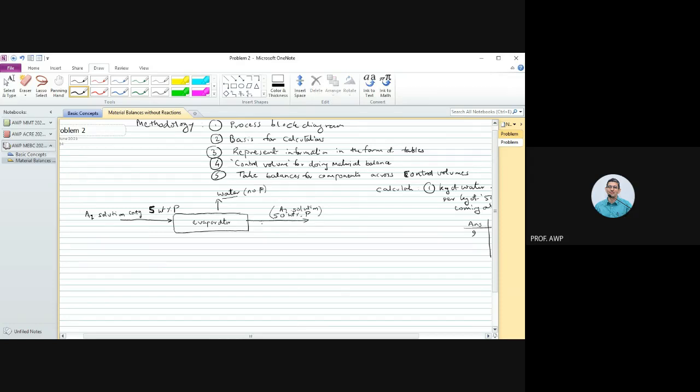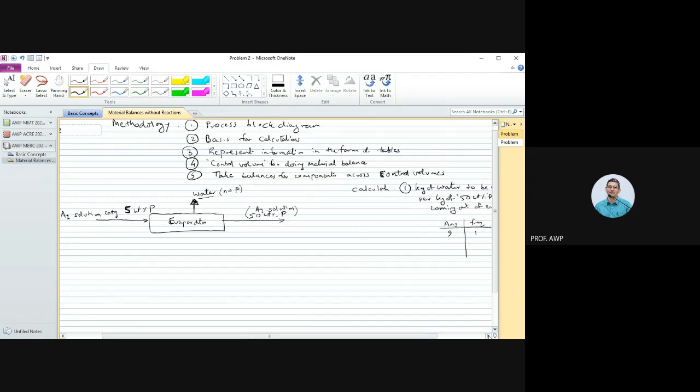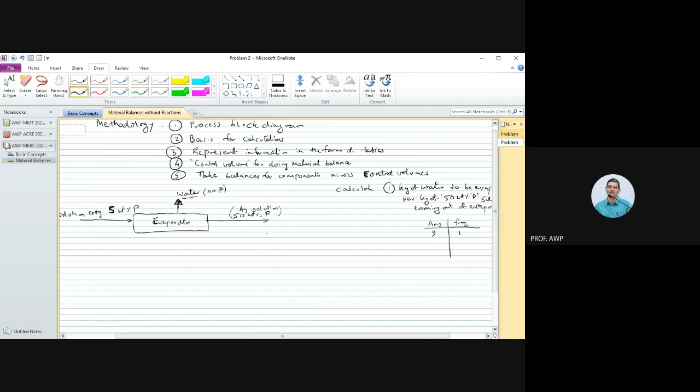If you evaporate water, automatically the concentration of P will increase. So we are going to send it to an evaporator, and that evaporator will evaporate water. No P will go there. What I want you to calculate is the kgs of water to be evaporated per kg of the solution coming out of the evaporator.